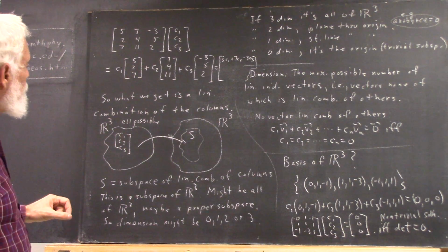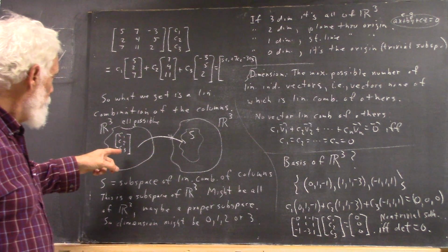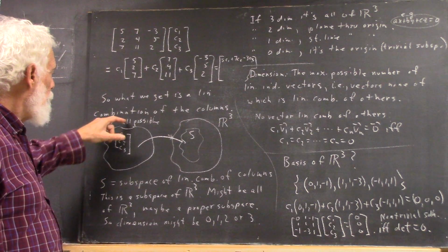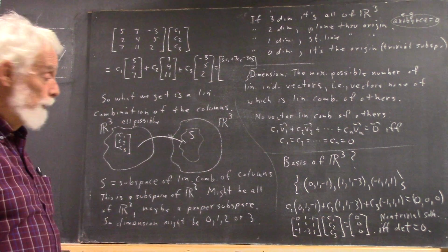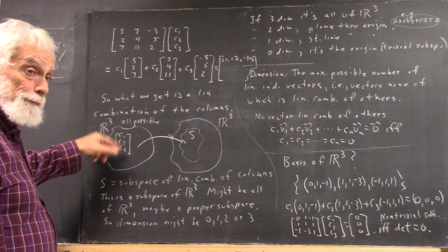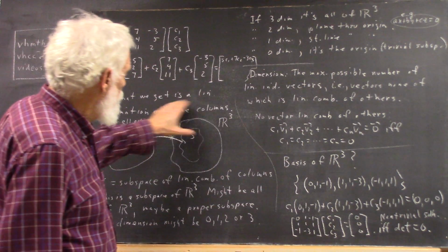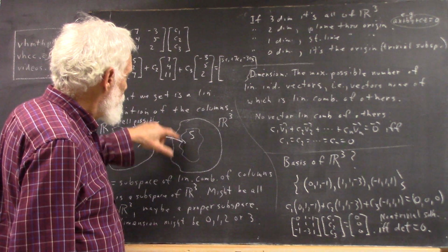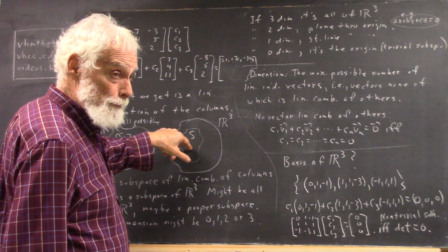In any case, what you get is a subspace of R3. So I indicate this by saying, you take all possible points in R3, and this blob here just represents all of three-dimensional space. And all possible points, you map over here, and maybe you get all of R3, but you're going to get at least some subset of R3, okay?